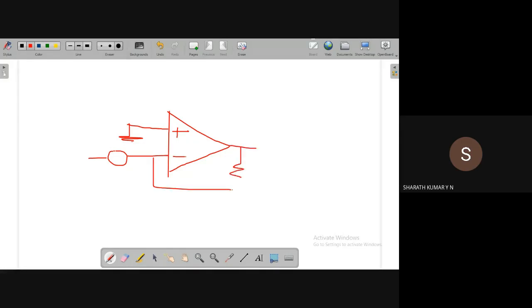Feedback is always to the inverting input, as we understood last class, not to the non-inverting input, because with the non-inverting input the gain becomes very large and there will not be any control of the gain. So this is the op amp, and this is the inverting amplifier.